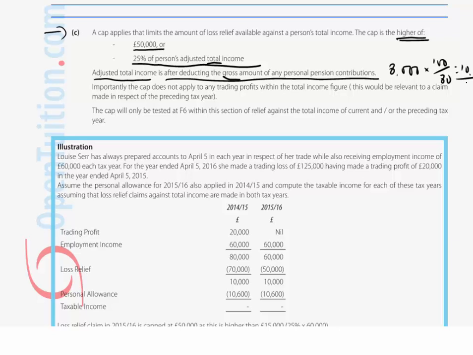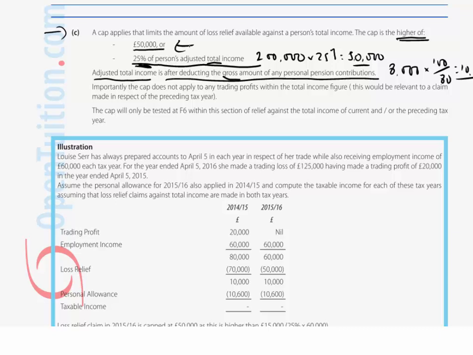Now, for that figure to be relevant, we're talking about 25% of the person's adjusted total income. So unless that adjusted total income is more than 200,000, 200,000 at 25% would equal £50,000.